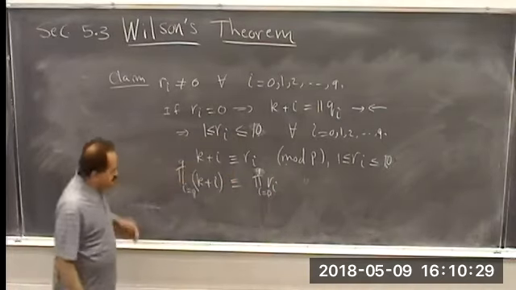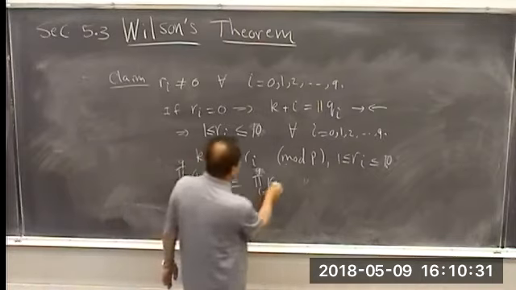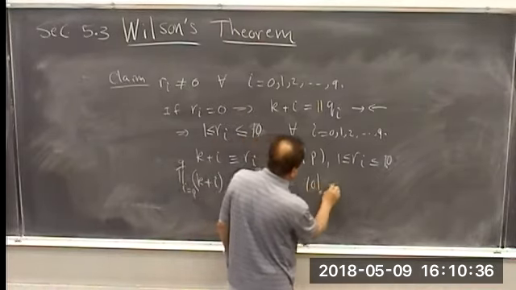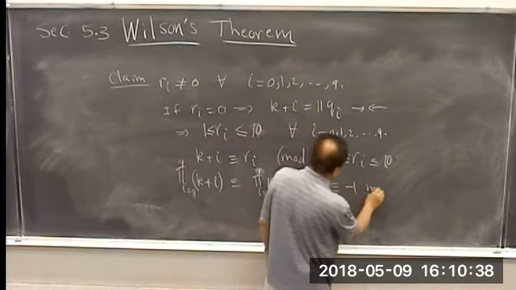Now anyway, this product is going to be 10 factorial, and this is congruent to -1 mod n.